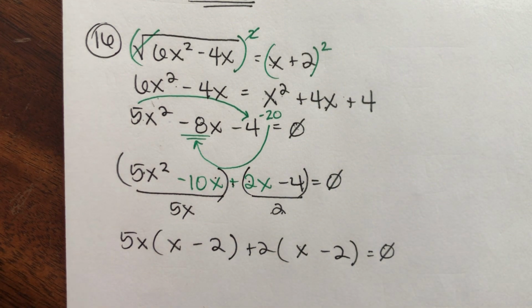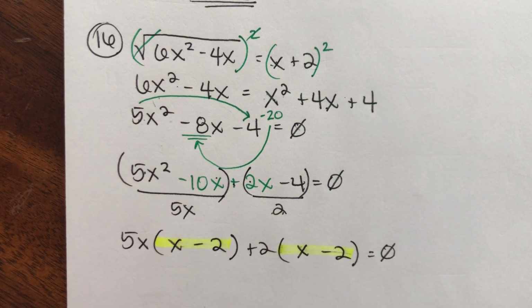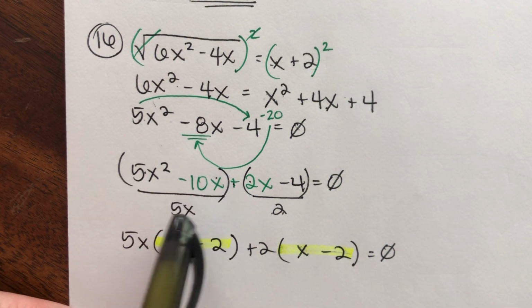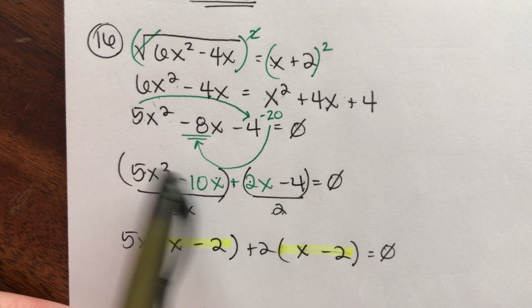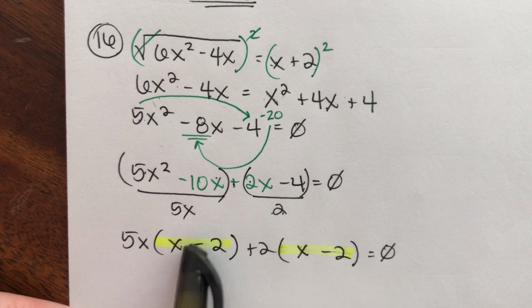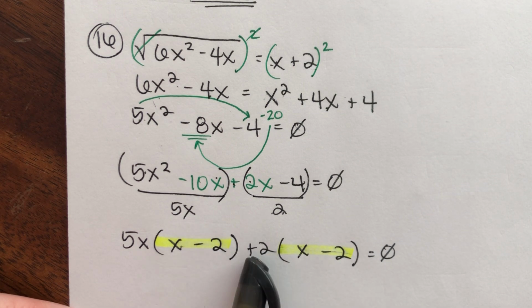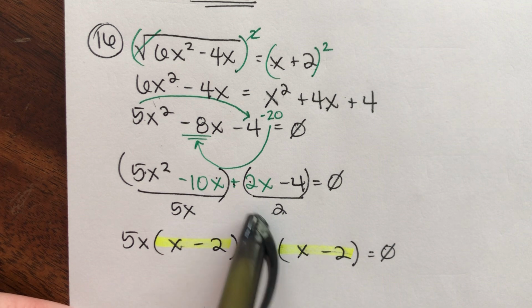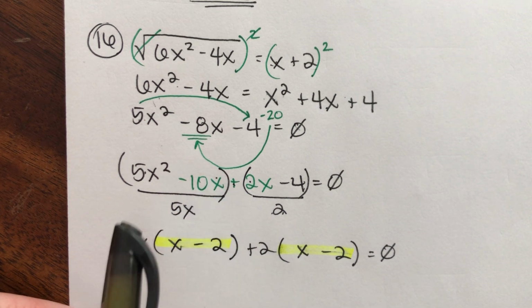So now we notice that our parentheses match, right? So just like I did up here, I took these 2 terms and I divided by what I could from each of these. I'm going to do the same thing here. I've got 2 terms separated by a plus sign, and I can divide both of these terms by x minus 2. So I'm going to do that. And what did I do here when I divided by 5x? I rewrote this and I put the 5x out front.